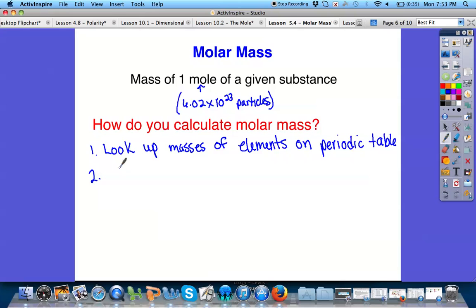The second step is we're going to multiply each element by the number of atoms.